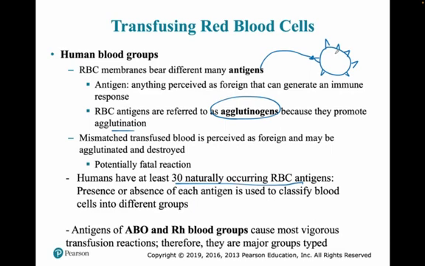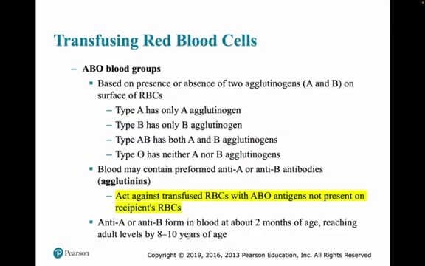So if something is present or absent, depending on that, we will determine the blood type. Now, the most common antigen is A and B, based on which we determine the ABO blood group, and the second one is the Rh blood group. This is determined by the presence of an antigen called D antigen. So these are the main two blood groups that human beings have, right?